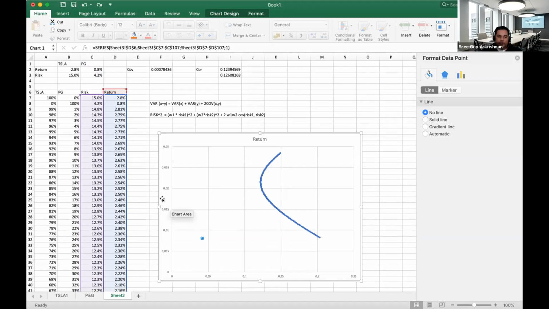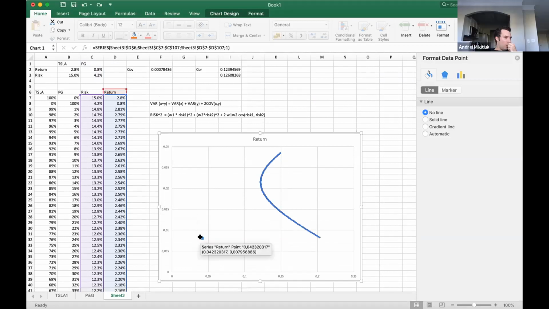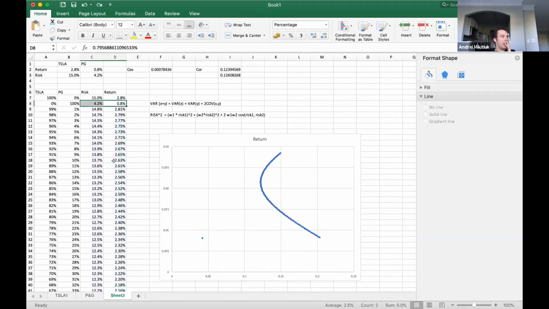What are the values for those? It's 0.4. So risk is 0.4, and actually that's good. So that is probably this one, my 100% Procter & Gamble portfolio.